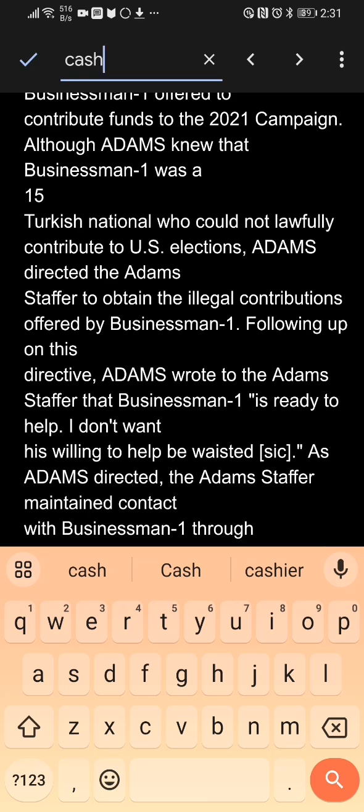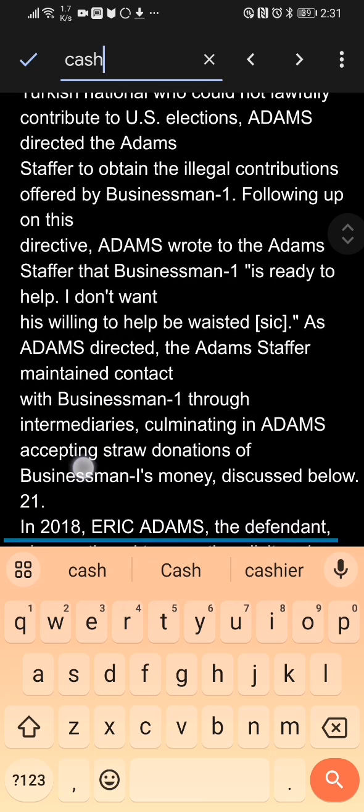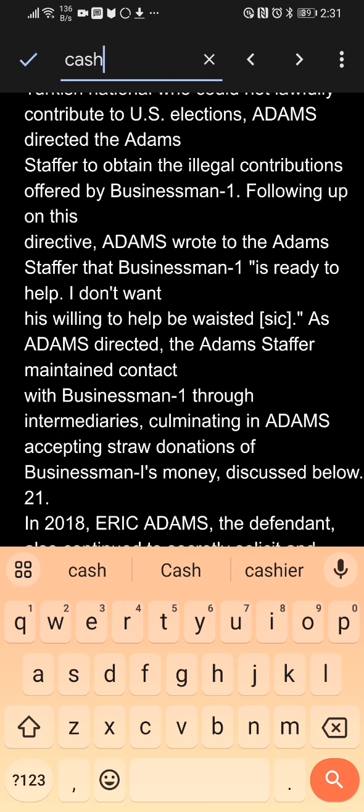I don't want his willing to help be wasted. Misspelled. As Adams directed, the Adams staffer maintained contact with Businessman 1 through intermediaries, culminating in Adams accepting straw donations of Businessman 1's.